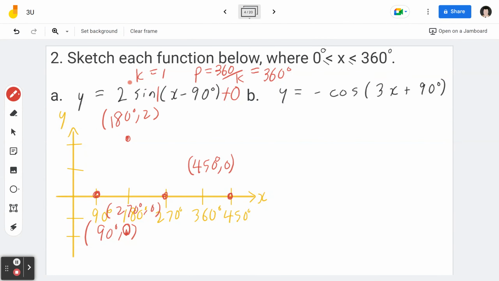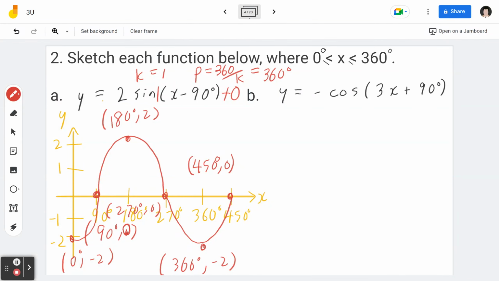Now, if I need another point, just to make sure I can graph it between 0 degrees and 360 degrees inclusive, I can add one more there. I can even label this 0 degrees, -2. Okay, the only step left is you want to label this. So I'm just going to write down y equals 2 times sine of x minus 90 degrees.